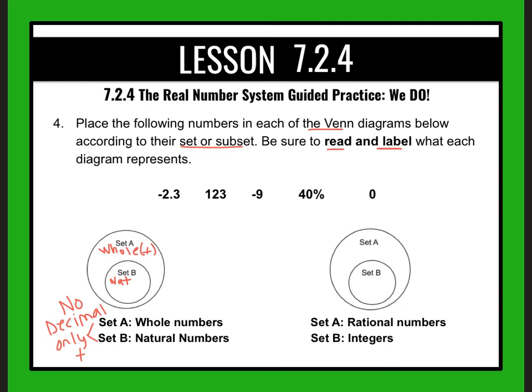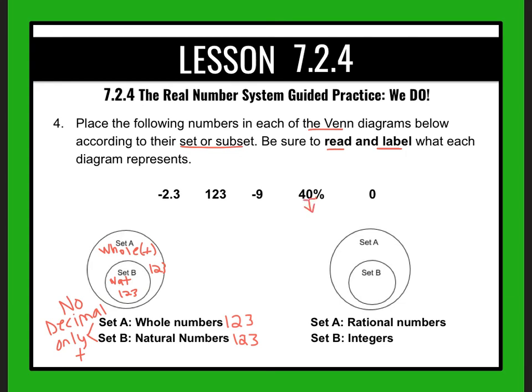Now 123 definitely is a natural number. 123 is a natural number, and it's also a whole number. Okay. Negative 9 cannot be either one of these. 40%, well, I'm going to convert that to a decimal.